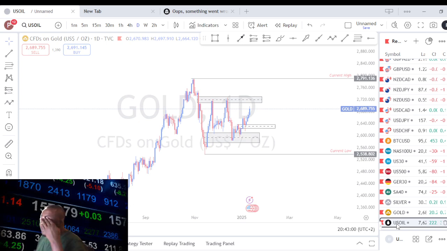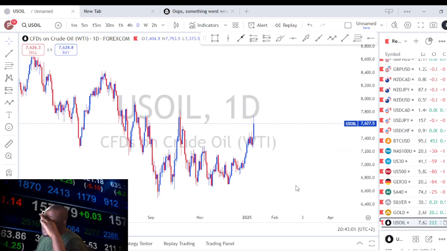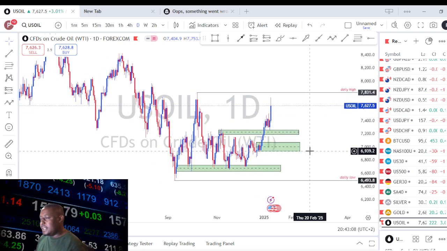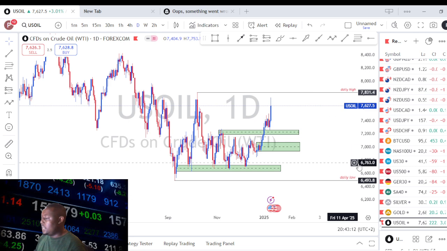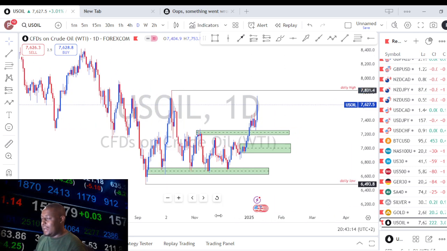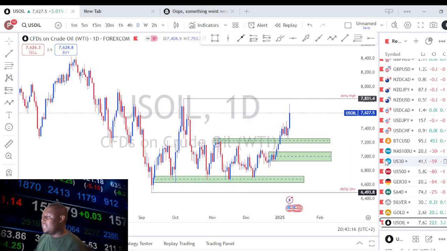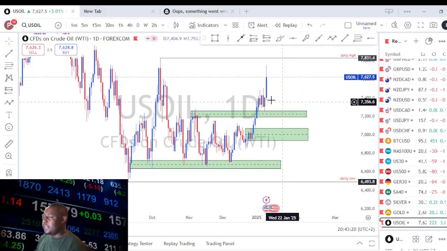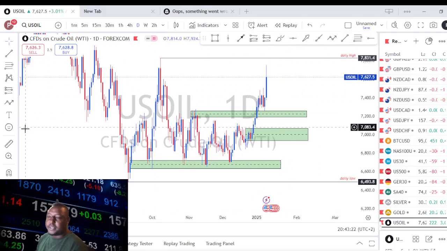But the most interesting one that I'm looking very closely at is US oil. US oil gave us a bullish reading, and frustratingly, I missed this. It just tapped here and pushed to the upside.